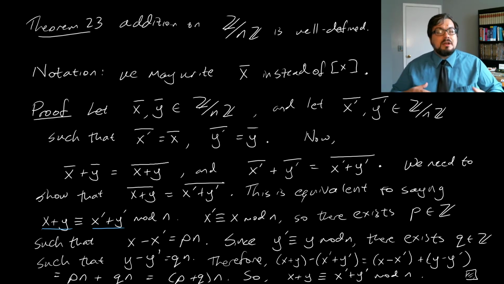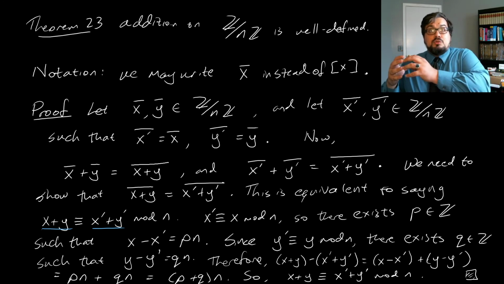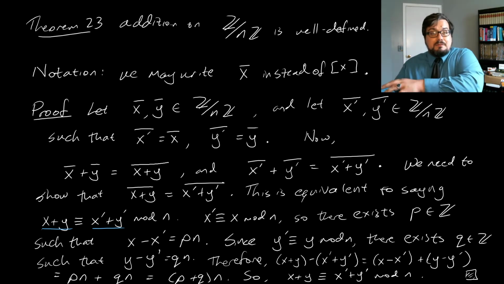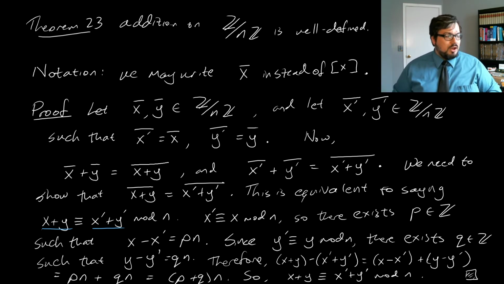You need to make sure that the way that you write down your element doesn't change what your operation gives you when you apply it to those elements that you've written differently. So that's the first thing that we need to show.